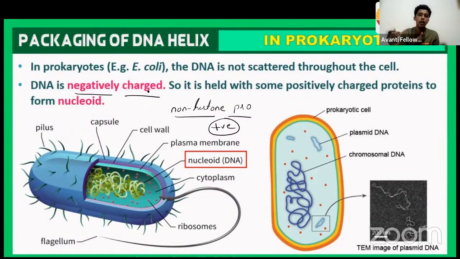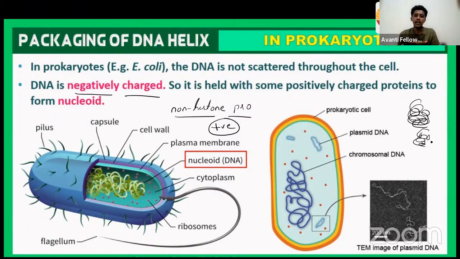The positive and the negative charges attract each other, and then they coil up as tight as possible. For example, where you have more positively charged protein groups, there will be more DNA being coiled. In other places, if you have fewer proteins scattered, then fewer base pairs are packed within the same structure. So that is why the packing is not so uniform.